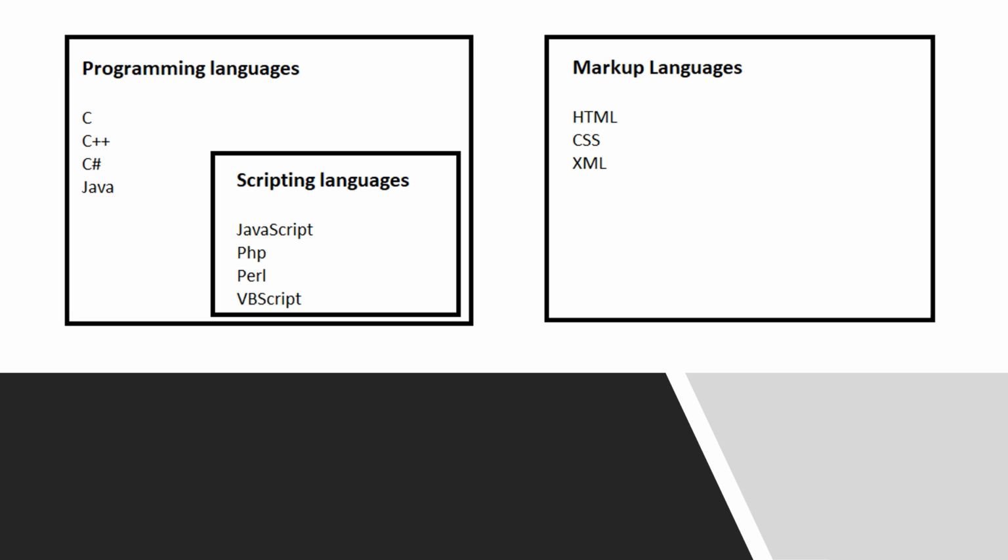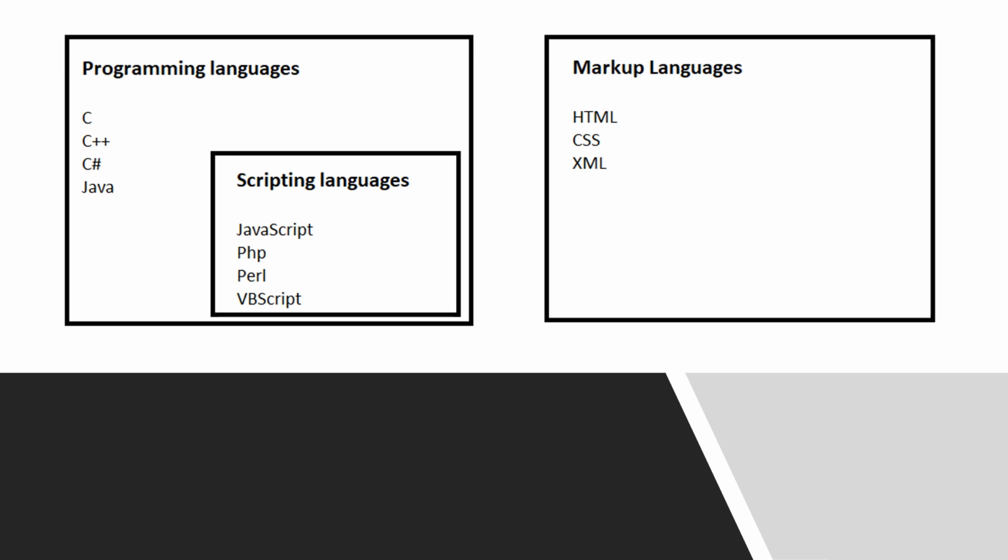What markup language does is just give you a structure for your data: how your data has to look, how it has to be designed, how it has to be arranged in the web page. That structure for your data is given using markup language. That is why it is used. It does not have any logic, and it does not have any algorithm.